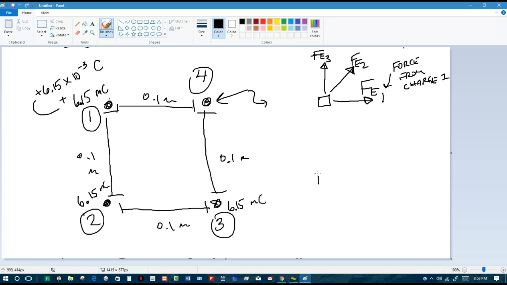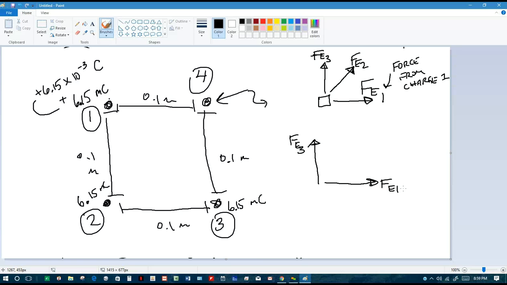So will Fe3, this one here, be an equal force in length to Fe1? Would those be equal magnitude forces? Yes, because the force depends only on distance. The distance from charge 4 to charge 1 is 0.1 meters.